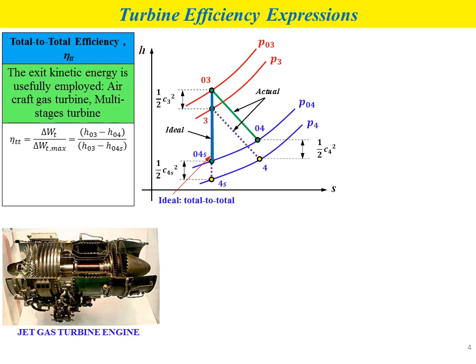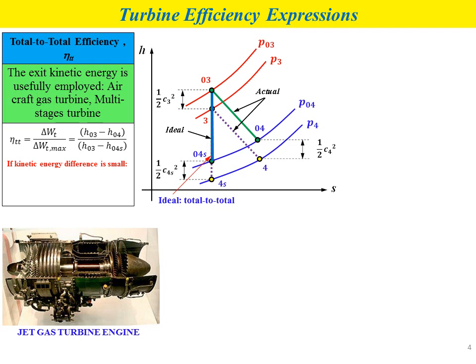H03 represents the stagnation enthalpy at the inlet, H04 the stagnation enthalpy at the outlet of the turbine, and H04S the stagnation enthalpy at the outlet for the isentropic process.